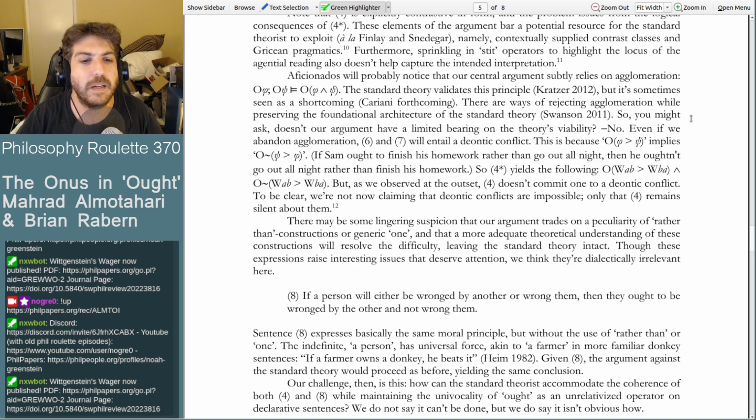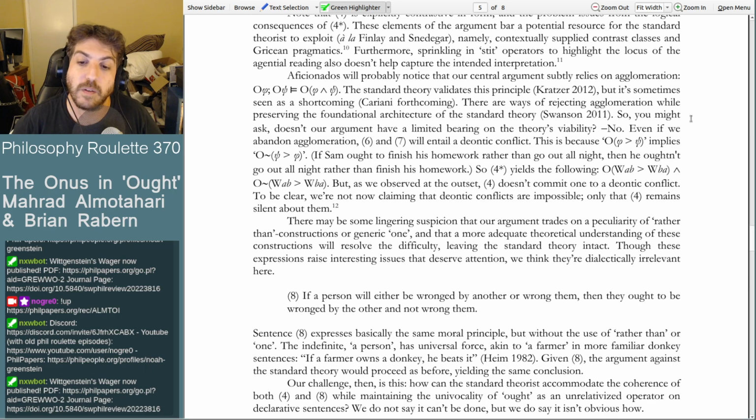So, continuing. So you might ask, doesn't our argument have a limited bearing on the theory's viability? They say no. Even if we abandon agglomeration, 6 and 7 will entail a deontic conflict. That's because O(phi > psi) implies O(not psi > not phi)... rather, O(phi rather than psi) implies O(not phi rather than psi... ) So if Sam ought to finish his homework rather than go out all night, then he oughtn't go out all night rather than finish his homework.